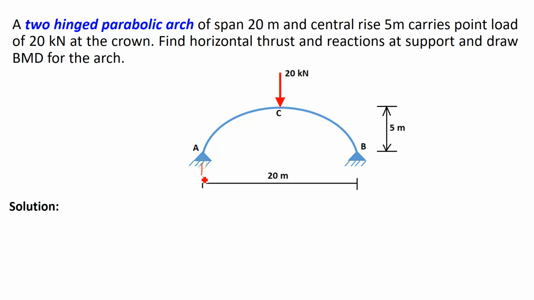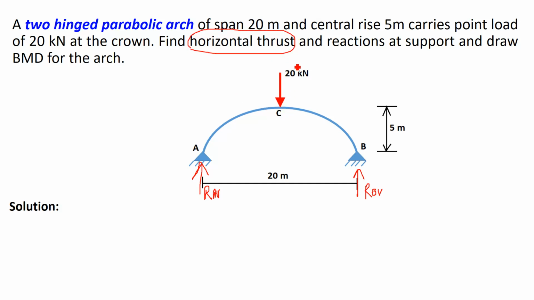The vertical reaction at A let us represent as RAV, and at B as RBV. In case of an arch, the horizontal reaction at a hinge support is named horizontal thrust.